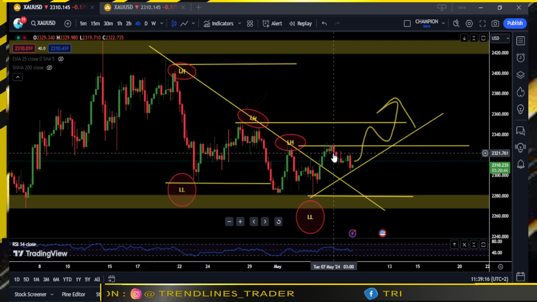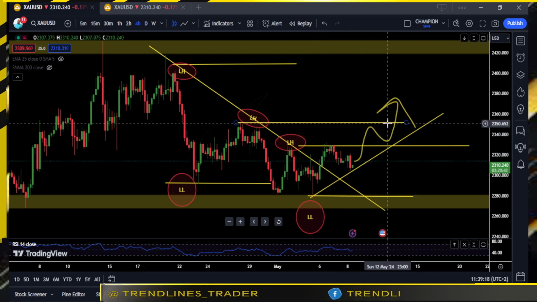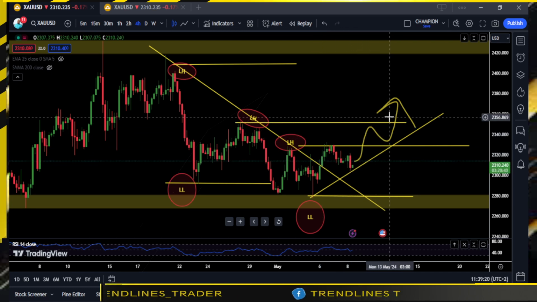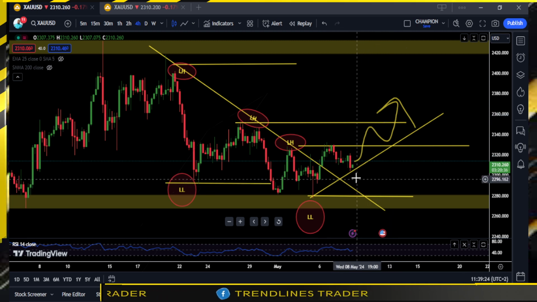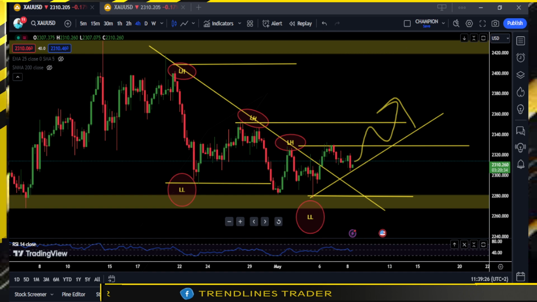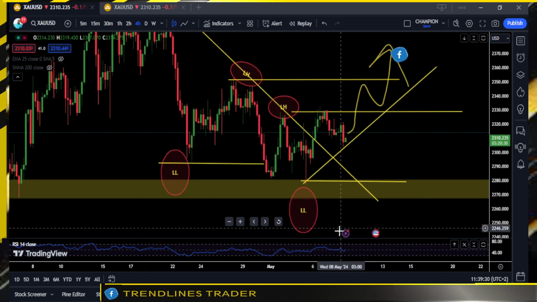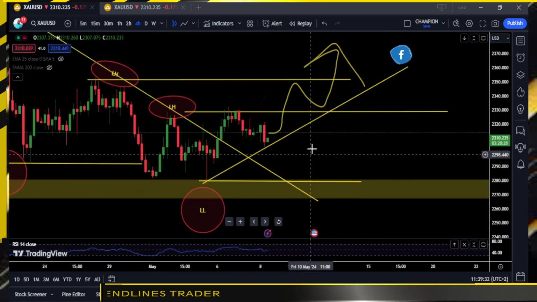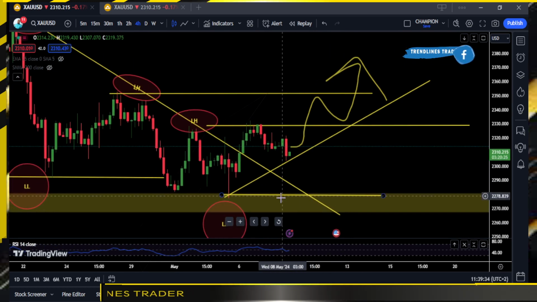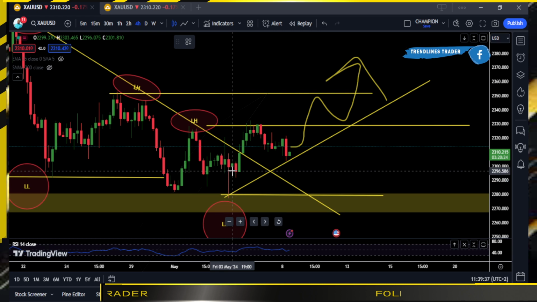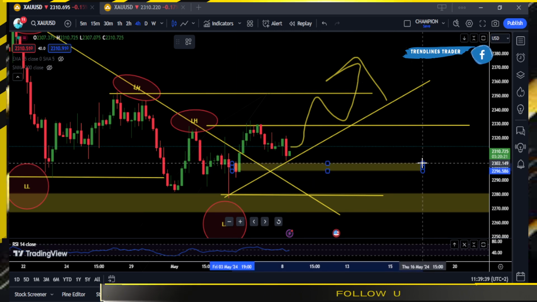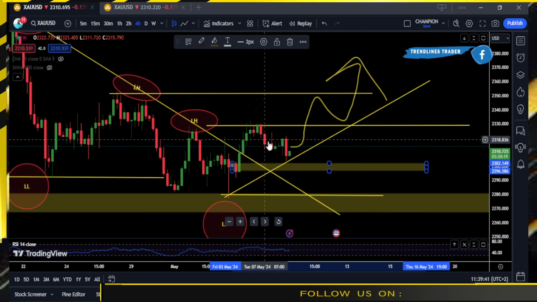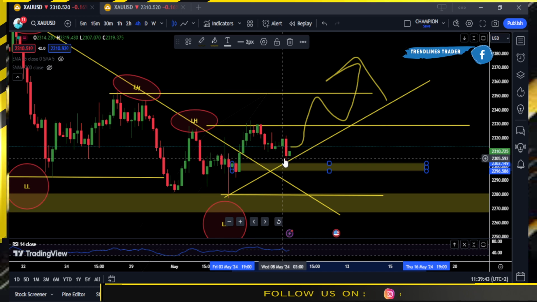Now that it's broken, the price is pushing towards the upside. We have to witness if the price, one thing, let me put it like this. This is our 4-hourly time frame. One thing we can say is the price was pushing towards the upside, and now from this level it came to retest.